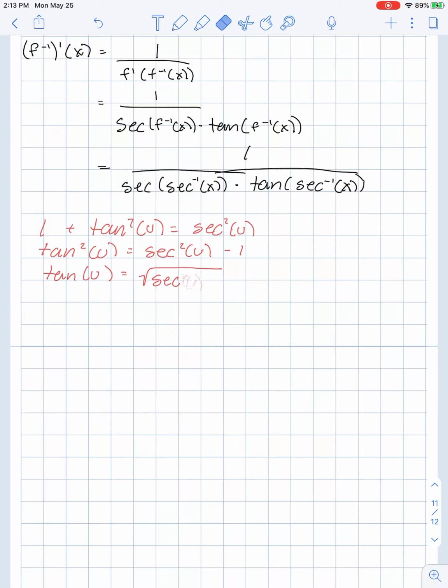Earlier we only kept the plus or minus, but this time we're actually going to have a plus or minus.